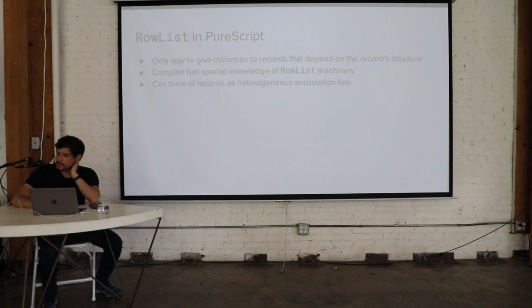And I think the best way to explain how RowList works is you can think of records as heterogeneous association lists, right? An association list is just a list of tuples where the first element is a string and the second one is a value. Heterogeneous because records aren't required to all have the same value. And so if you can think of records as association lists, then how do you run a list? Well, you're either going to fold it or you're going to pattern match.